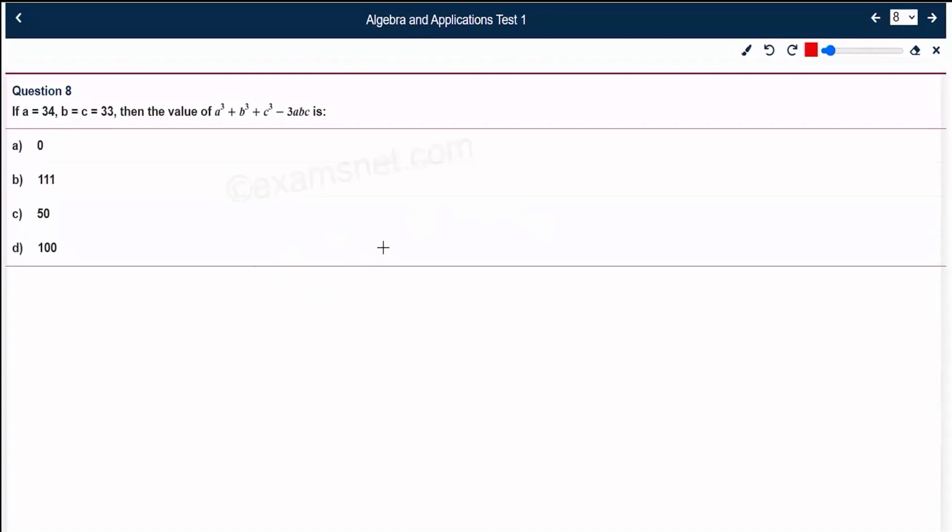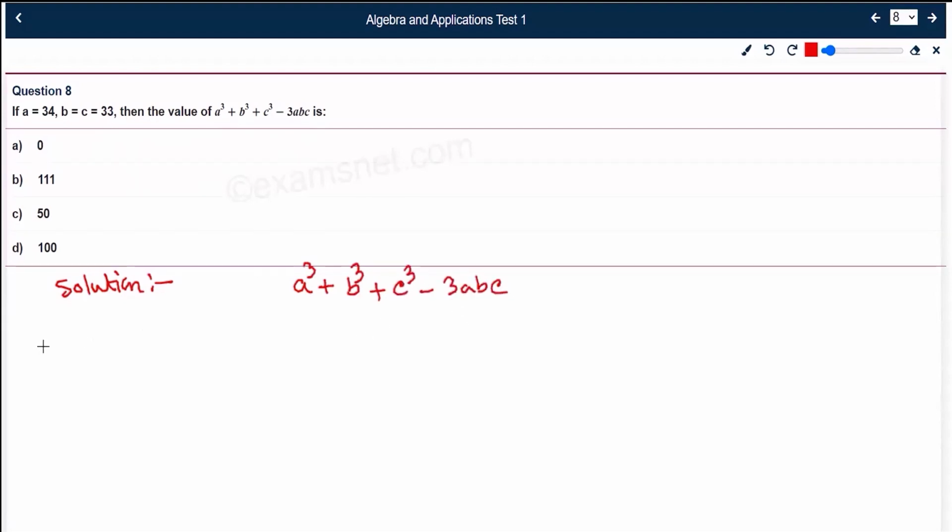So here is our question number 8. If a equals 34, b and c equal 33, then the value of a cube plus b cube plus c cube minus 3abc is, there are 4 options given. Let's start with the solution steps. First, write down the expression required to find the value.